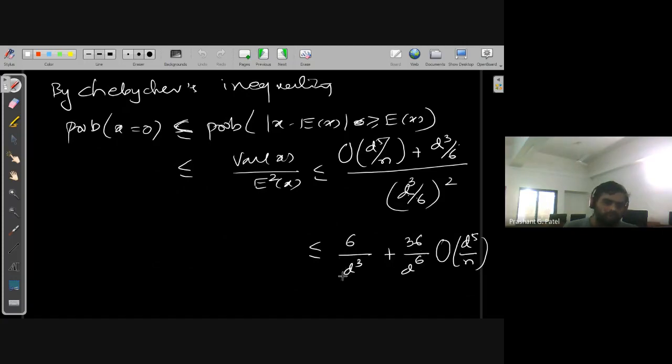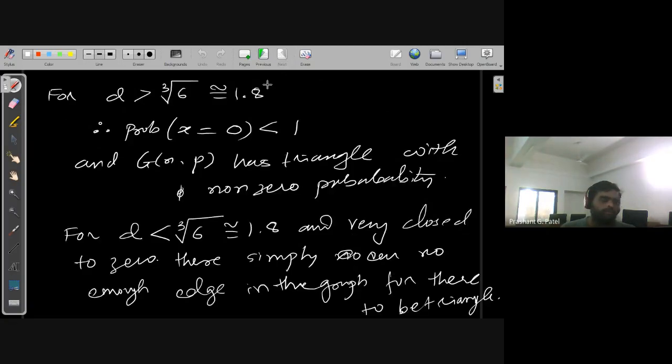If this value is less than 1, then it is very close to 0; there are not enough edges, so it will not form a triangle. So that is the conclusion we make about the existence of a triangle in the G(n,p) graph model where p is d by n.